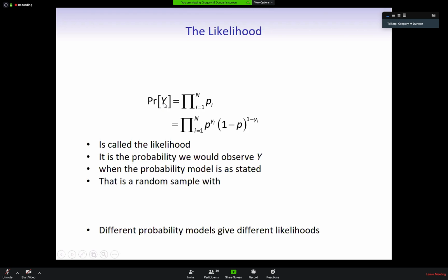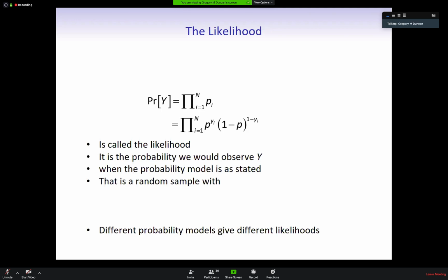So remember, Y is the vector Y1, Y2, Y3, Y4, up to Yn, okay? Now I'm treating this as a function of P. It's a function both of the data and of P, but I'm now going to treat it as a function of P with Y's known. And this is called the likelihood.